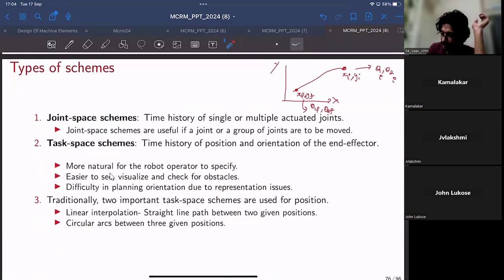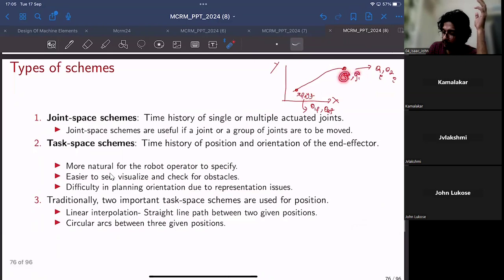So what I mean is that a straight line basically means you can plan a cubic polynomial between xi and xf, right? A cubic trajectory planning between xi and xf, and using the straight line equation, because if you are moving in a straight line from the initial point to the final point, you can find out the y components.